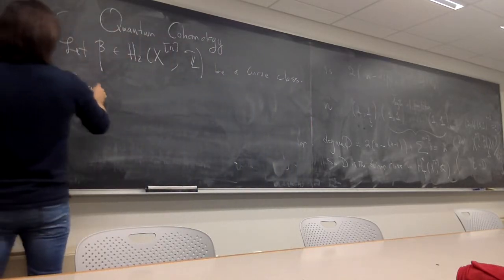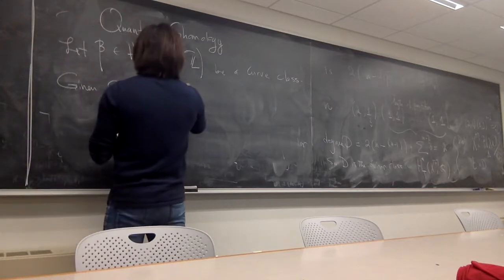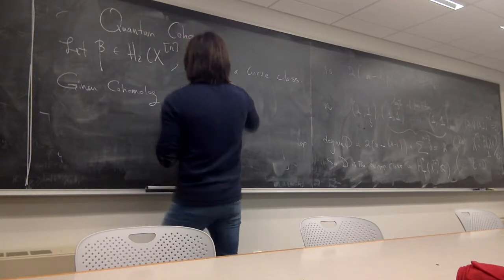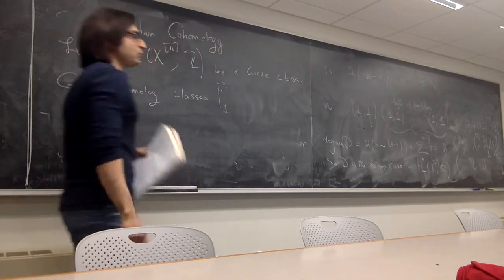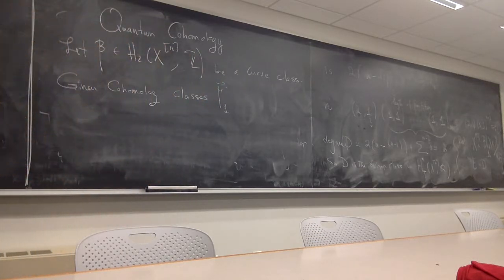Given cohomology classes mu1, mu k. Remember that again, when I say cohomology classes given by these partitions, we know that to every single partition of n, we can associate the basis elements. So that's what we need.